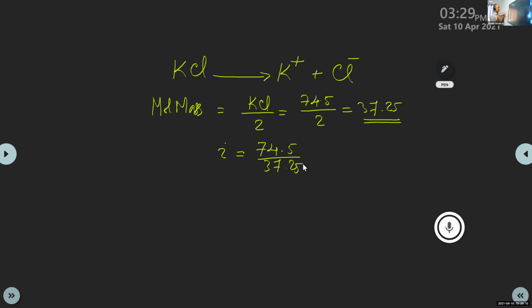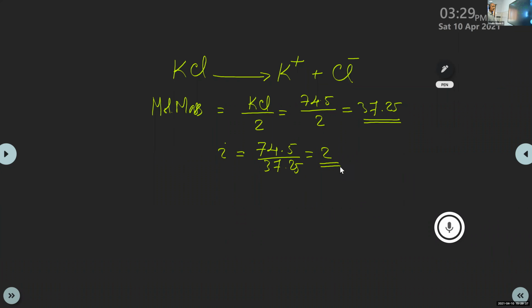This is the formula mass by the experimental value, and this is equal to 2. That is a Van't Hoff factor equal to 2, greater than 1.